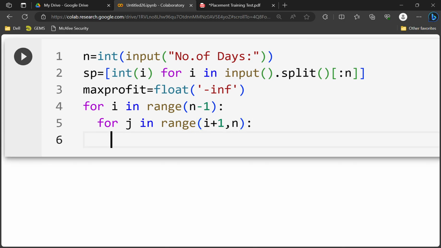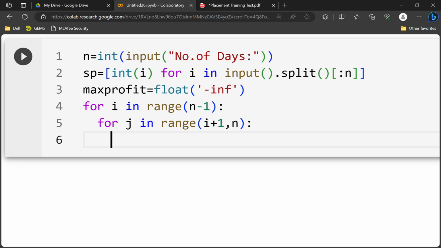So this is the logic here. If we are at day 1 and consider the stock price on day 1, we can sell it from day 2 onwards. So j will indicate later days and i is the current day. That's why I have stopped at the last but one day.